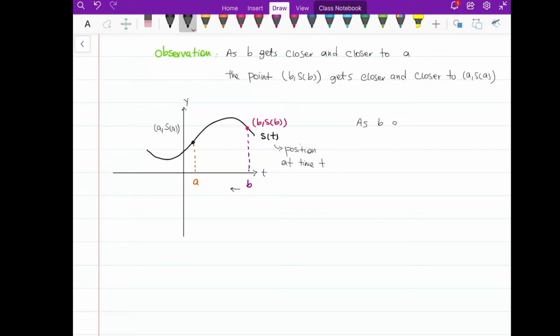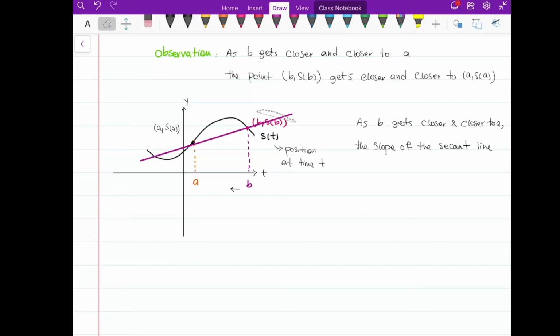As b gets closer and closer to a, the slope of the secant line, what do I mean by secant line? I mean this line in here. It is a line that is passing through these two points. This is a secant line.